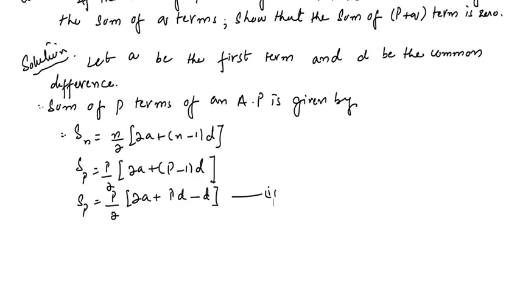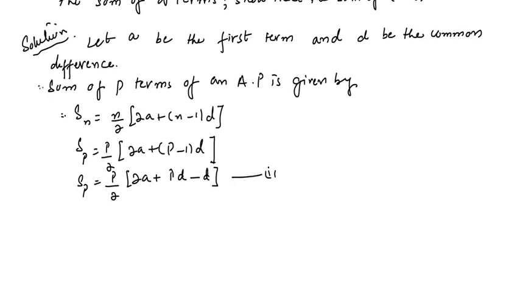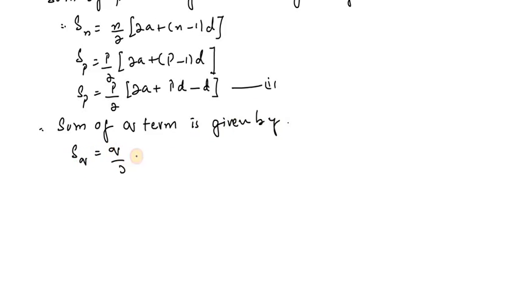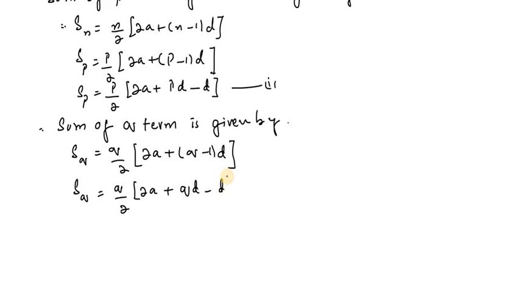And similarly, the sum of q terms is given as Sq = q upon 2 [2a + (q − 1)d]. So we can write Sq = q upon 2 [2a + q into d − d], and we say this is equation number 2.